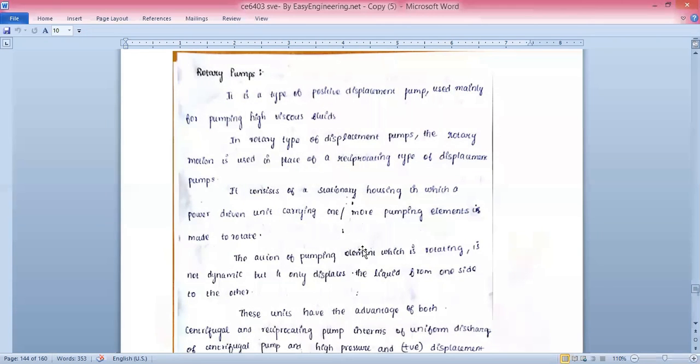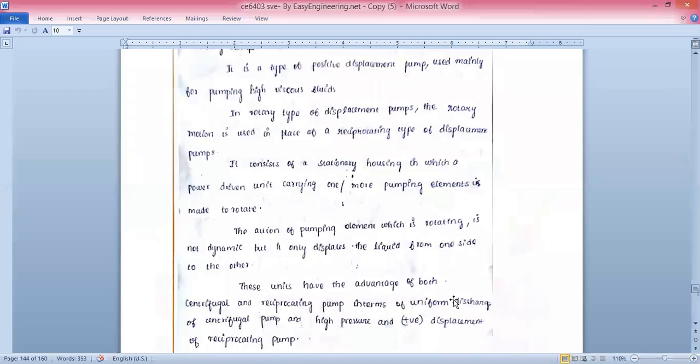Further it says the action of the pump element which is rotating is not dynamic, but it only displaces the liquid from one side to the other. So when the pushing action is taking place, it is displacing the liquid from one side to another side. So continuously the thing is going on.